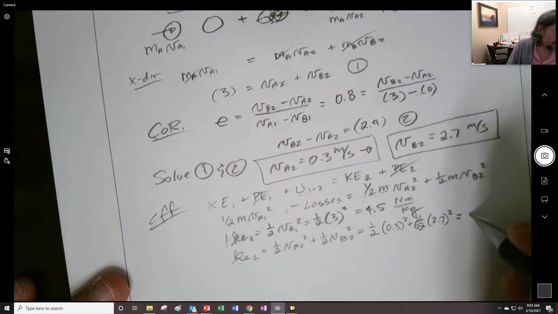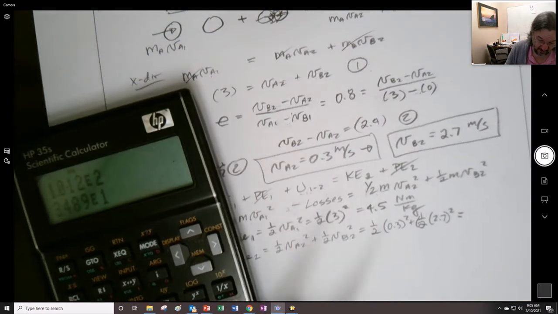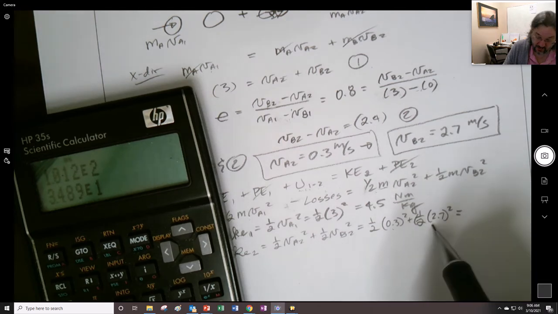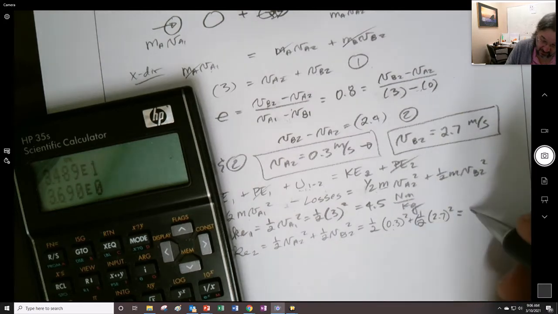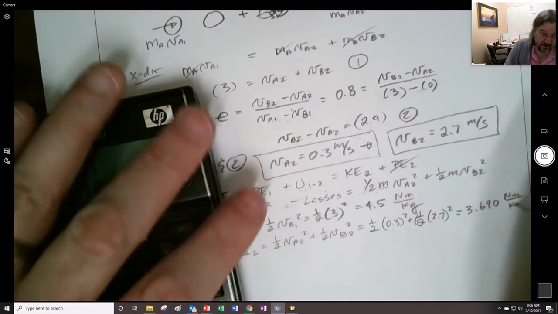I didn't add them together, I put them out separately. So this one right here is actually 0.045, and this one is 3.645. I didn't get the sig figs right here. We have 3.69 Newton meters per kilogram.